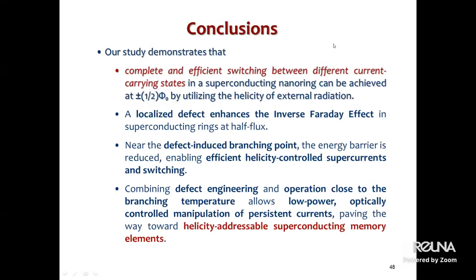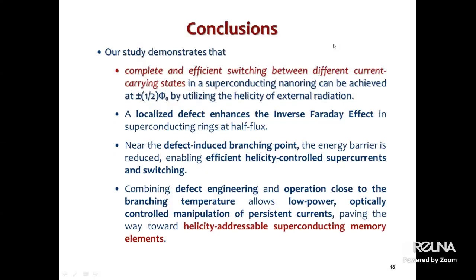Then we started to investigate and realized that the barrier between these two states disappears after a certain threshold, as I said, the branching point. Then one has to deal with two situations. Either we work very close to TC, which is not so interesting because very close to TC we have a lot of fluctuations, and exactly in that region we have a destruction of the switching effect.